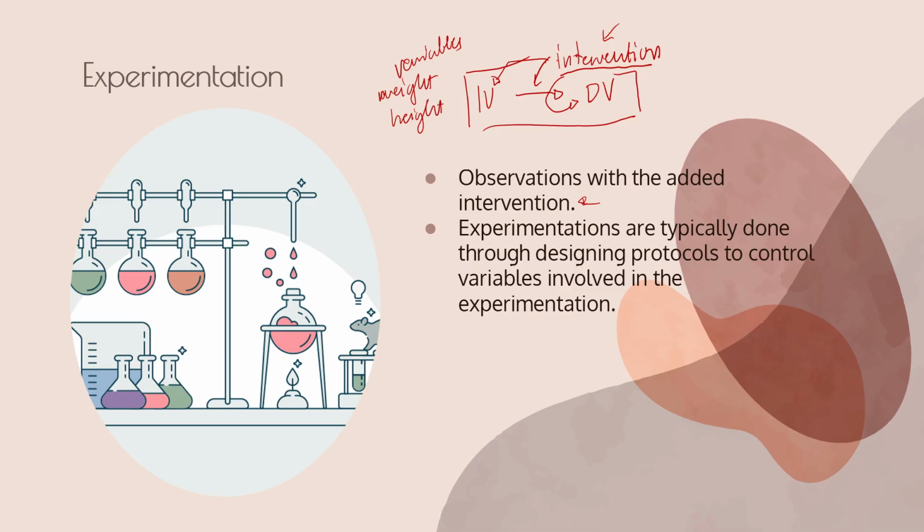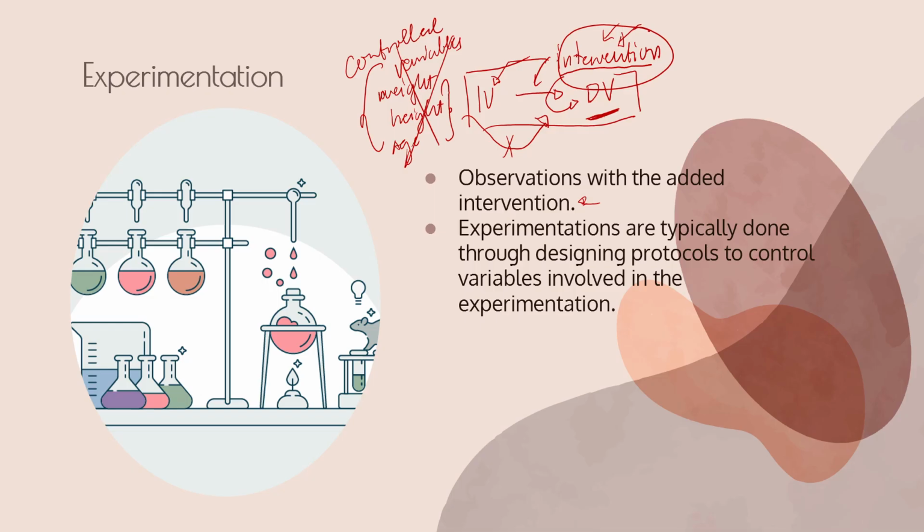Variables may also include the age of our subjects, and so on and so forth. So these are all factors that could potentially affect our dependent variable, but we want to keep them outside of our design, and we want to make sure that all of these are controlled so that when we do our experiment, when we administer our intervention, the effect on the dependent variable we're seeing is purely from the intervention itself. Okay, so that would be experimentation.